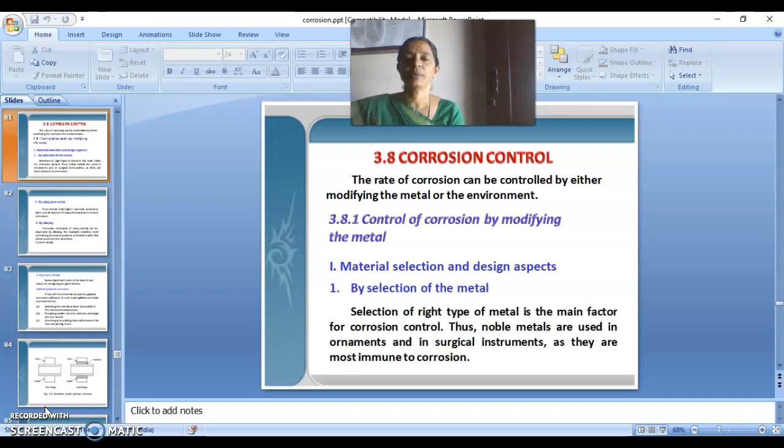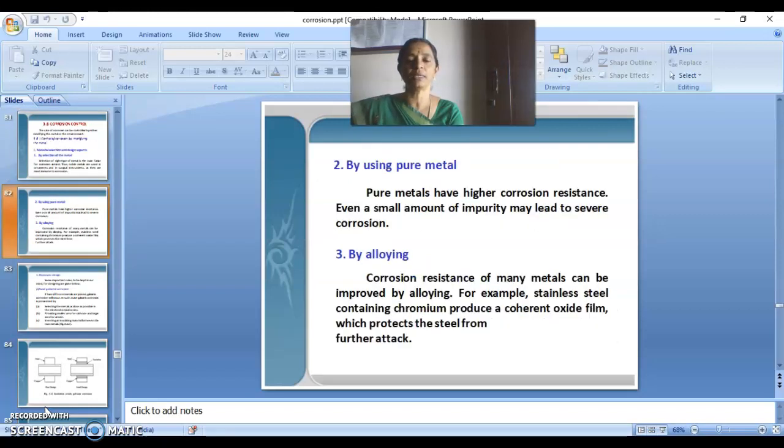Number one, by choosing the appropriate metal. So by selecting the metallic piece, we can prevent corrosion by using the pure metal. Usually, if any contamination is present on the metal, that may enhance galvanic corrosion. So we can prevent corrosion by choosing the pure metal.